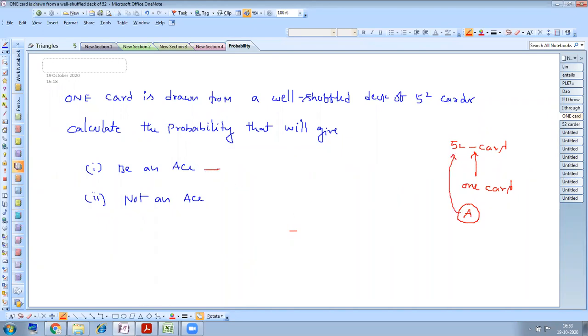How many aces are available in 52 cards? 4. To answer the question, the number of outcomes favorable to E. What is your E here? Getting an ace out of a well shuffled pack.